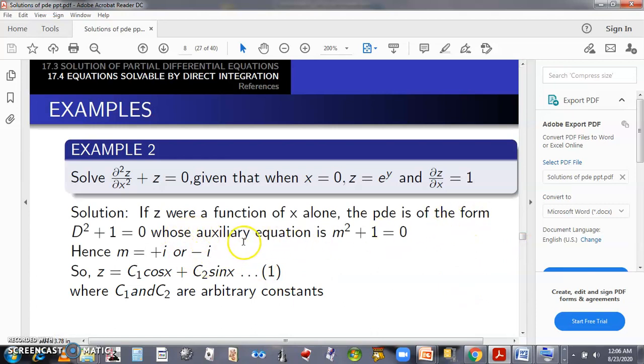The auxiliary equation is m² + 1 = 0. This implies m² is equal to -1, so m equals ±i. In that case, the solution becomes z = c1 cos x + c2 sin x, where c1 and c2 are arbitrary constants.